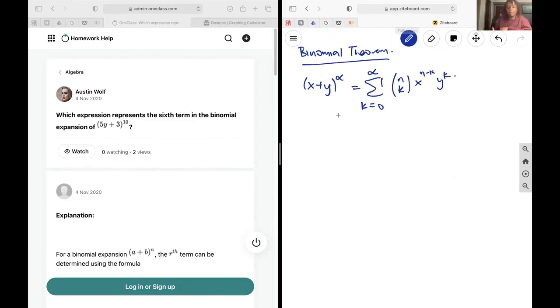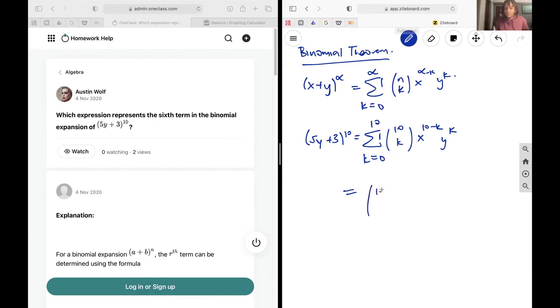So the first term, if I have 5y plus 3 to the power of 10, is going to be the summation from k equals 0 to 10 of 10 choose k, x to the power of n minus k, y to the power of k. Sorry, this is supposed to be 10, and this is supposed to be alpha.